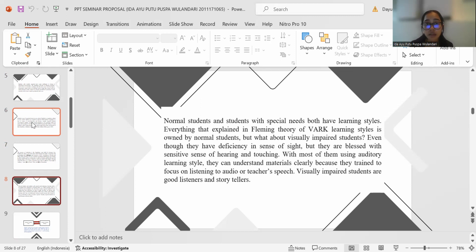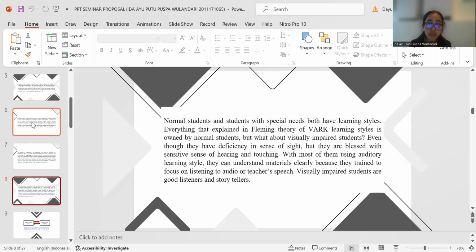Everything explained in the theory of learning style is owned by normal students. But do you ever think about the visually impaired students? Do they have a similar learning style to normal students or not?